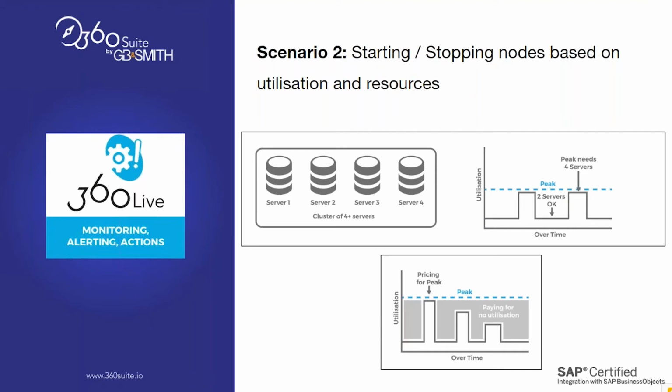The problem is when you're not at peak time, or when you are maybe at the end of the day, on a Friday, on the weekends, you know that these 4 servers would in reality not be needed. Maybe you'll be just fine with 2 nodes. But the point is, in terms of cost, you will need to pay for everything which is running, even if you're not at peak time.